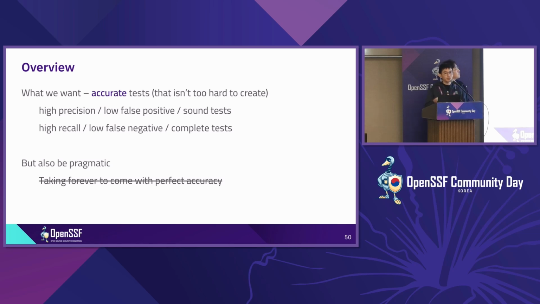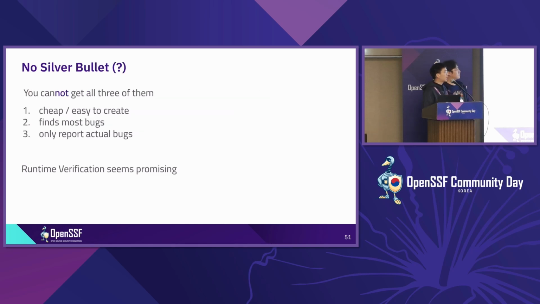So when the test passes, you want to be pretty sure that you shouldn't have any bugs in your code. But at the same time, we want to be pragmatic. If you spend forever coming up with the best testing method, you can do that, but it won't help the community so much. So in the end, I think we don't really have a silver bullet that is easy to come up with and correctly catches all the bugs, but also doesn't miss anything.